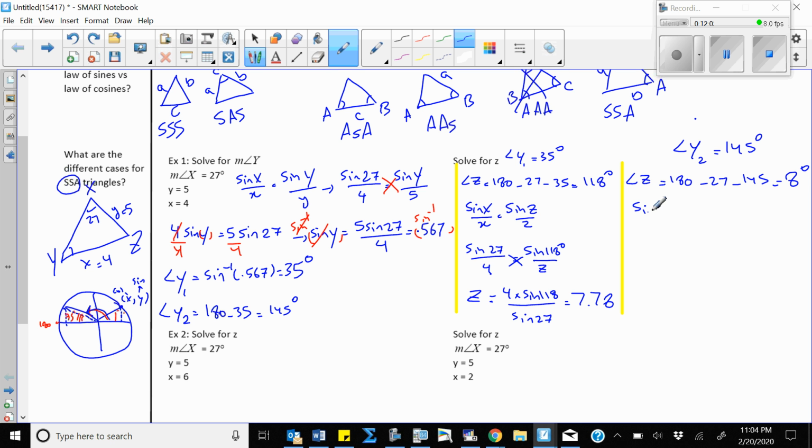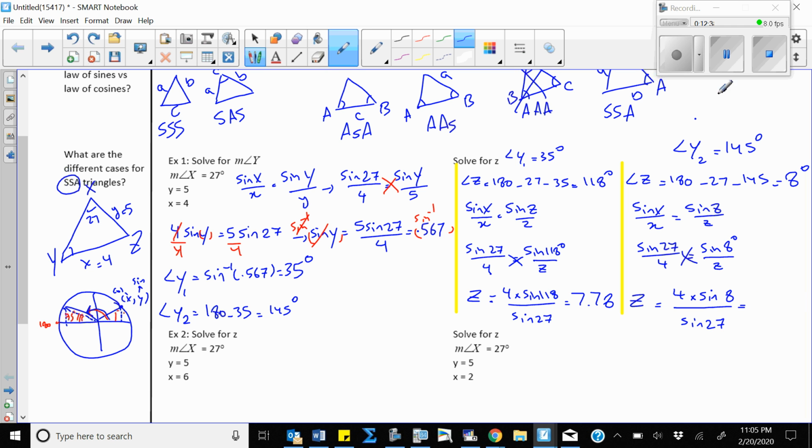Now I'm going to do the same thing that I did here to solve for side Z here. Sine X over X, and this is sine 27 over 4 equal to sine of 8 over Z. And then do cross multiply, and side Z will be equal to 4 times sine of 8 divided by sine of 27.